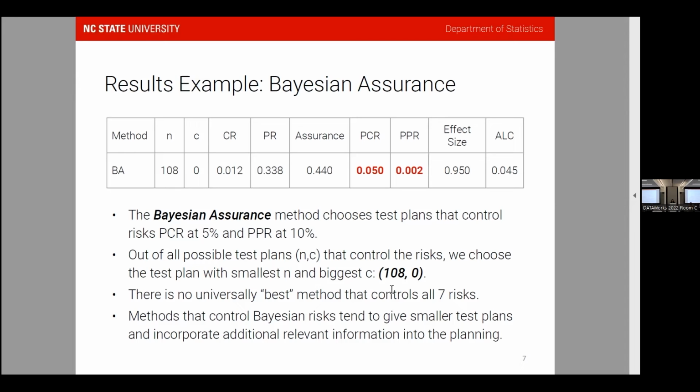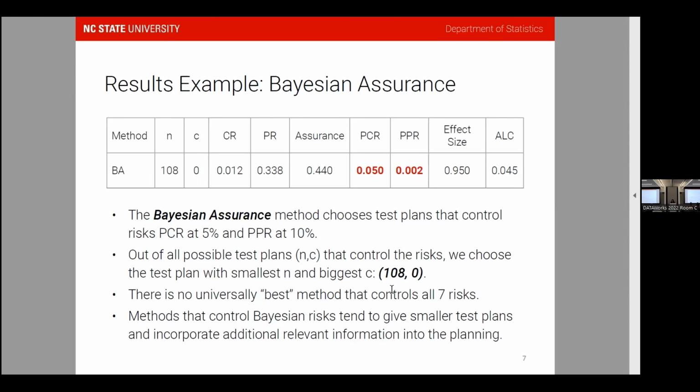And for this particular data set, assurance of more than 50% would be the ideal. But here we have 44%, and you could look at that and say, hey, it's close enough to 50% that we're happy with. And same for the effect size, it's 95%. And for this data set, something over 90% would be considered ideal. So it meets the criteria.